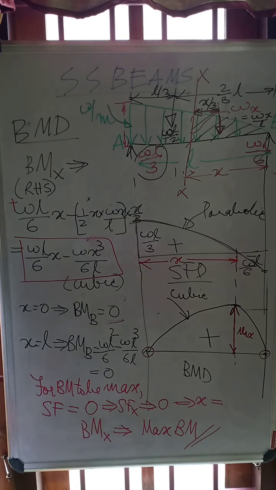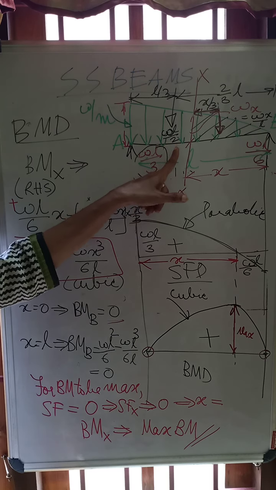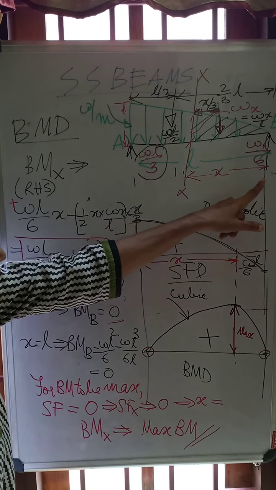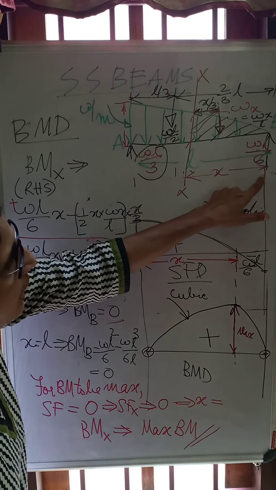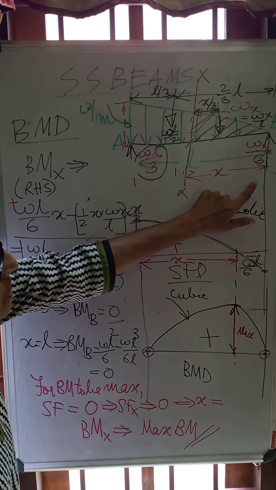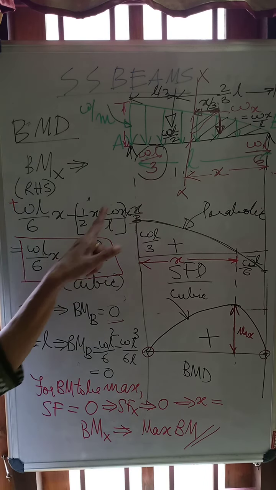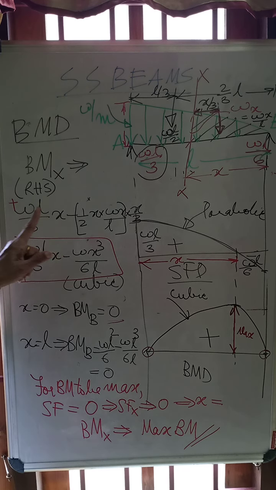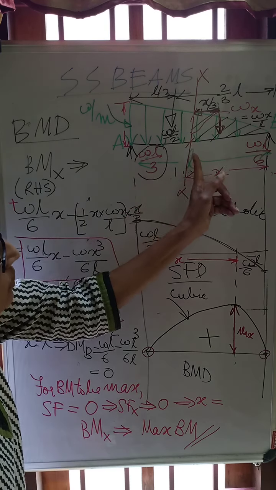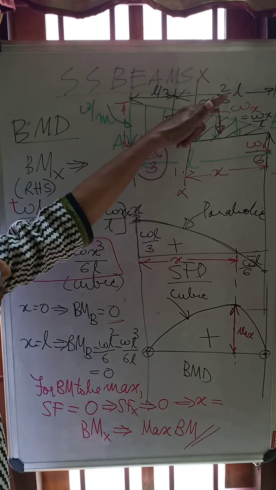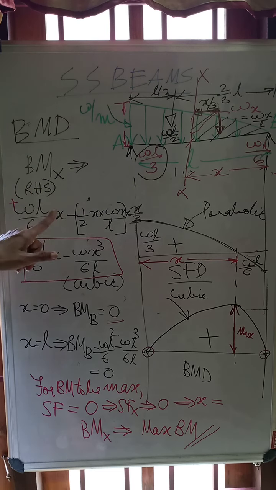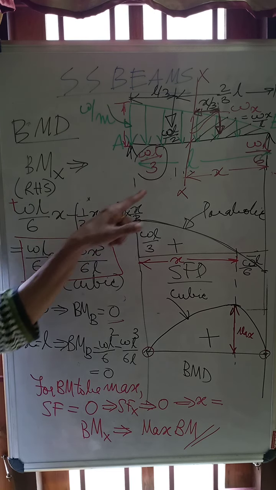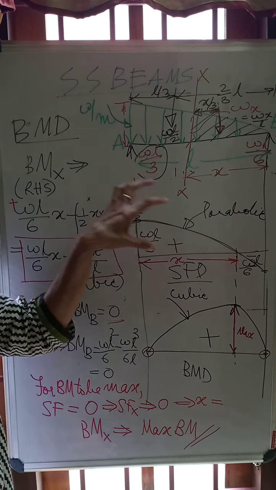Okay. So I will just repeat once again. For writing the bending moment at this particular section, you have to look to the right hand side. For the right hand side, you have got this much loading as well as this reaction component. So this reaction component into X, that is WL by 6 into X, which is a sagging moment. This is anti-clockwise, so it is sagging. This downward loading is going to create a hogging moment. So it is minus half into area of this particular triangle, which gives you the total load.